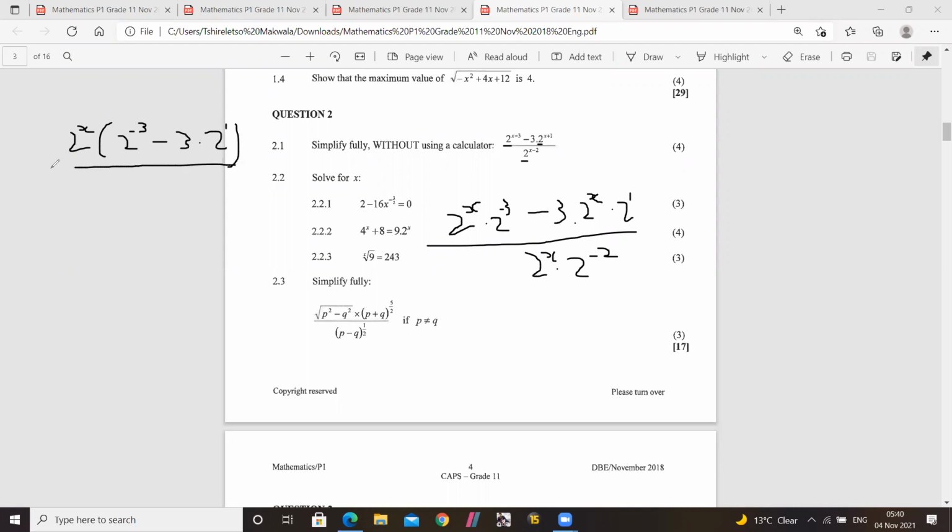Then 2 to the power of x times, so it's negative 2 here, negative 2.